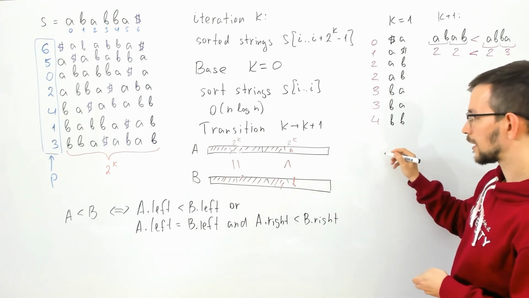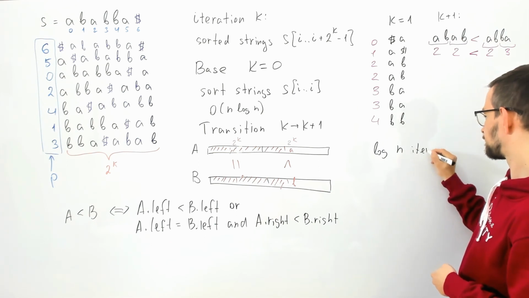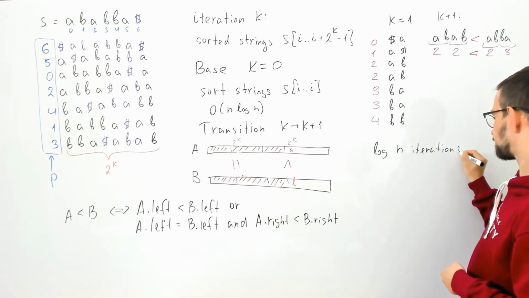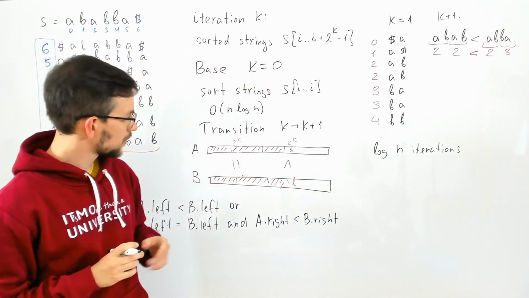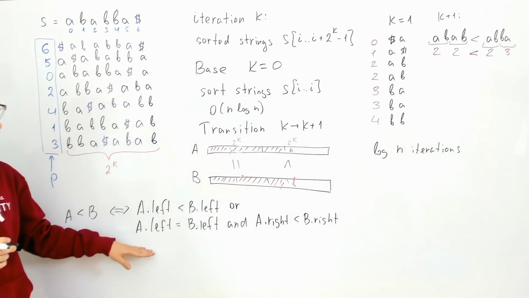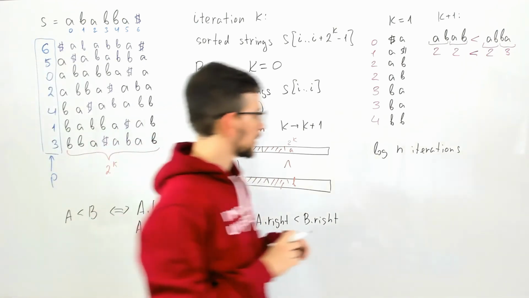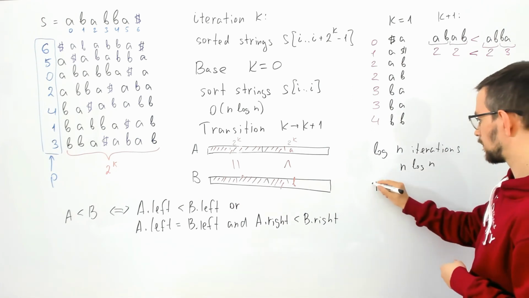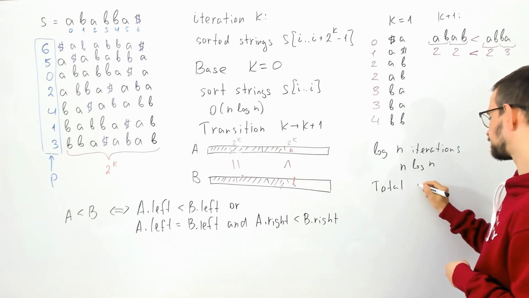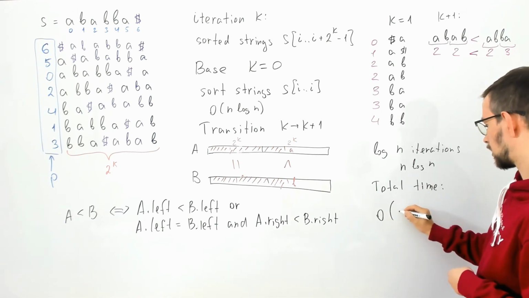So the total time complexity will have log n iterations, and on each iteration we simply run the sorting algorithm. The time complexity of the sorting algorithm is n log n. So the total time will be n log squared n.